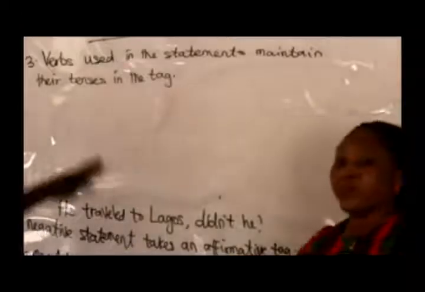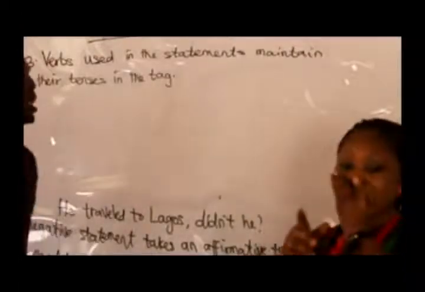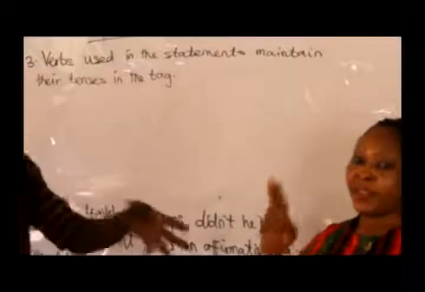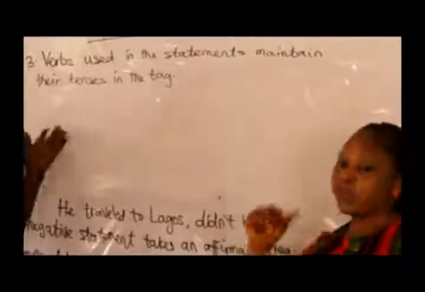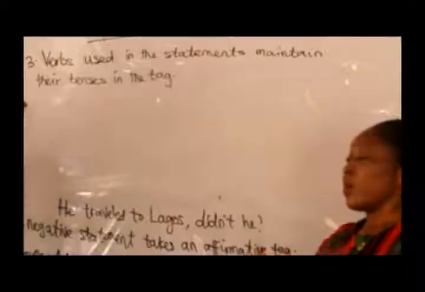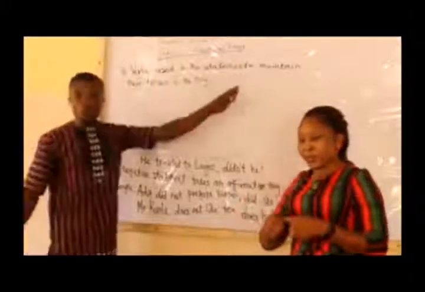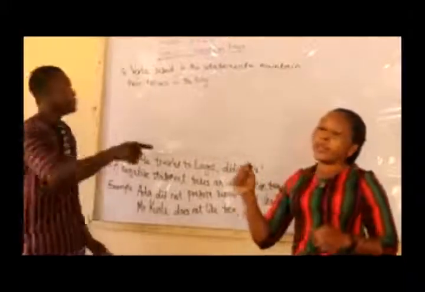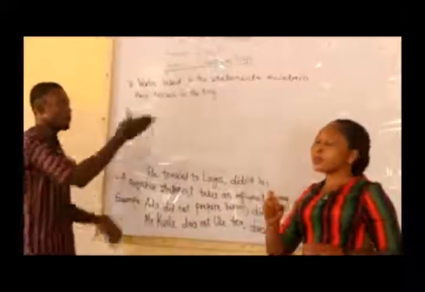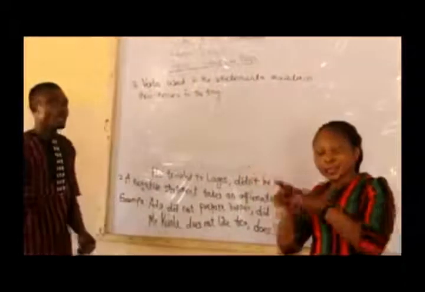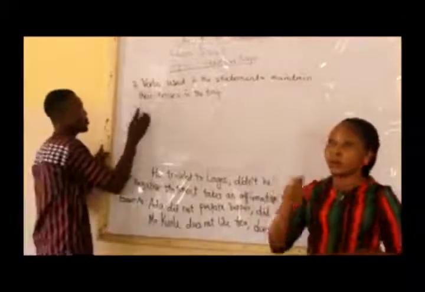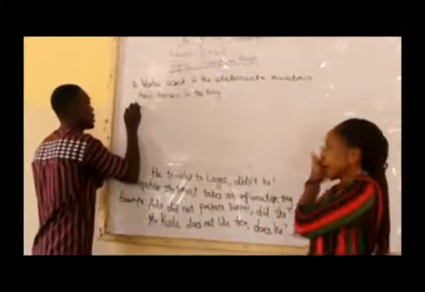So it will be wrong for you, with this rule, to say, he is here, wasn't he? When you use a verb in the present tense in a statement, or a verb in the past tense in a statement, remember, when you are forming the question tag, you have to maintain the same tense of the given verb in the question tag. Let me show you an example.